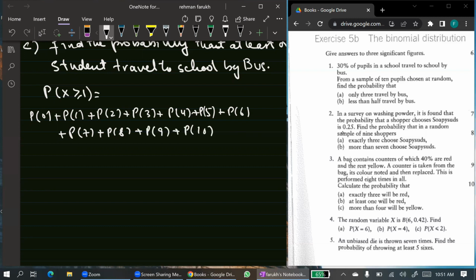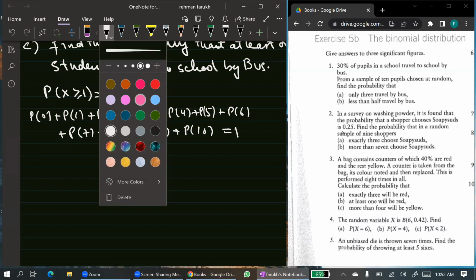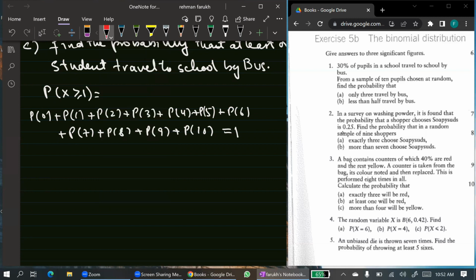These are all the outcomes of this experiment, and the sum of all the outcomes is equal to 1. Now we want to find the probability of all these numbers.